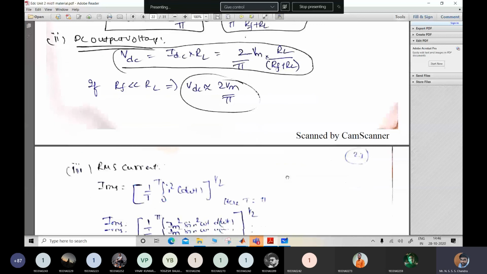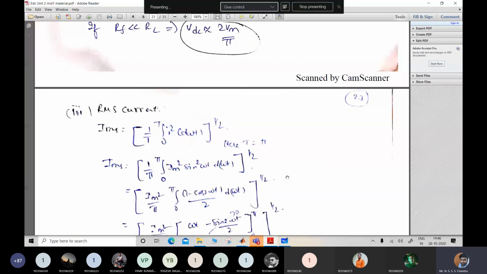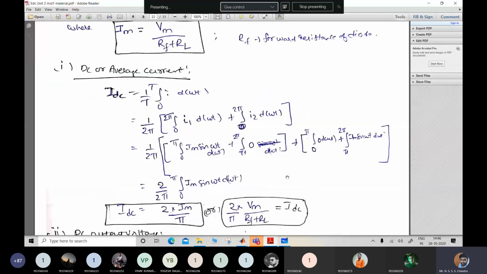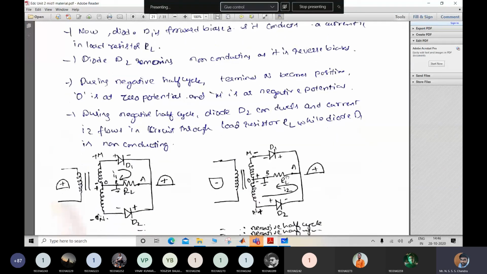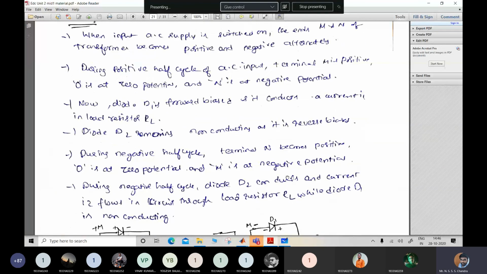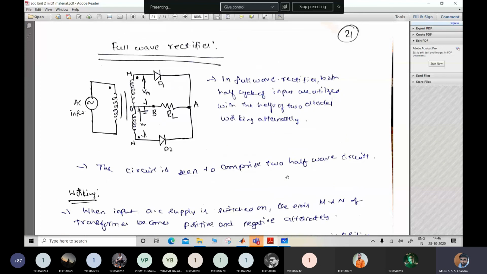Because we have 3 windings instead of 2 windings, your transformer utilization factor will be slightly different. So let me check these remaining terms. This is your full wave rectifier with bridge configuration. Slightly I have changed the circuit diagram. Everything is the same.